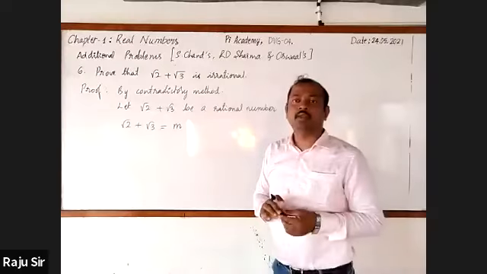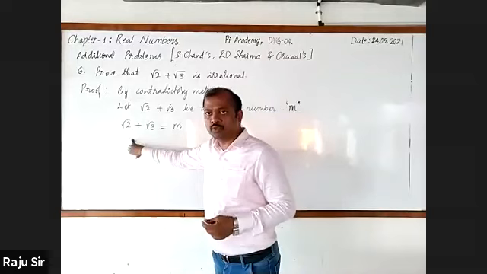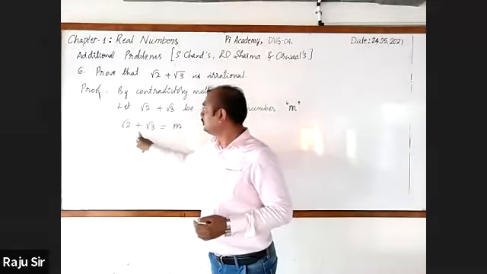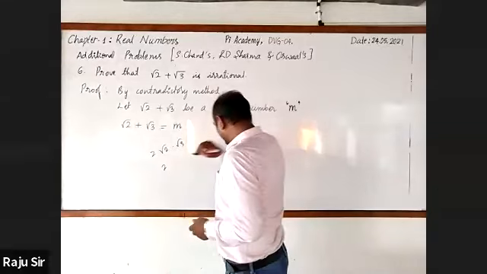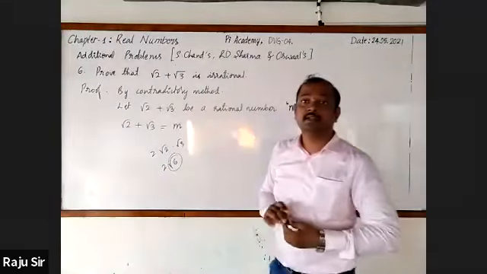Here, squaring on both sides? Don't do squaring on both the sides. The reason is, if you do so, you get root 2 whole square plus root 3 whole square plus 2 into root 2 into root 3. Of course, it can be written as 2 into root 6. Root 6 is irrational.